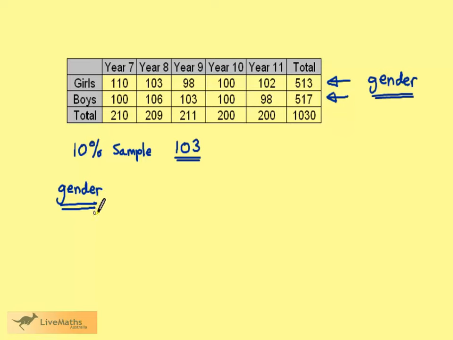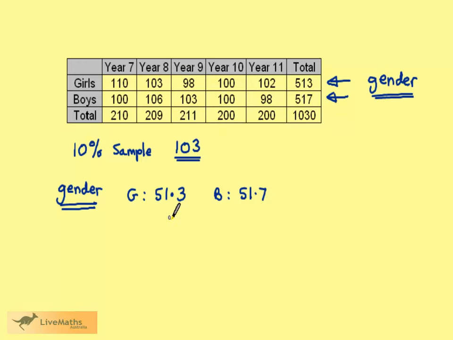We can see that there are 513 girls. 10% of this is 51.3. There are 517 boys, so that's 51.7 if we take 10%.